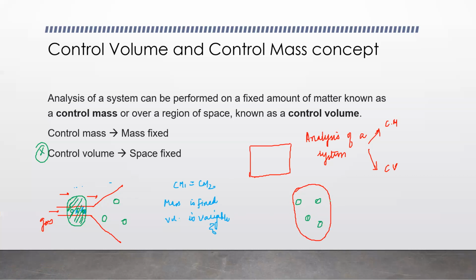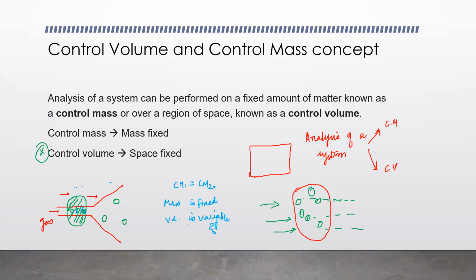After some time, these molecules have gone out, and some other molecules have come in. Over here these are 4 molecules, those might be 5 or 6 molecules. So the mass is varying, but the volume, the space, is constant.